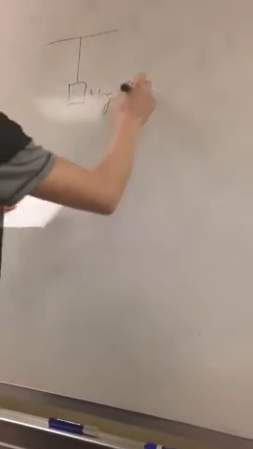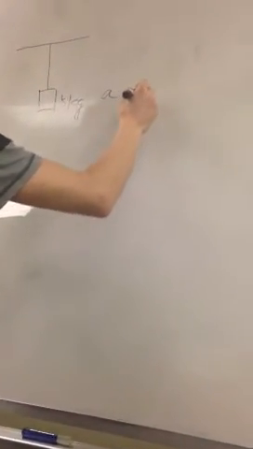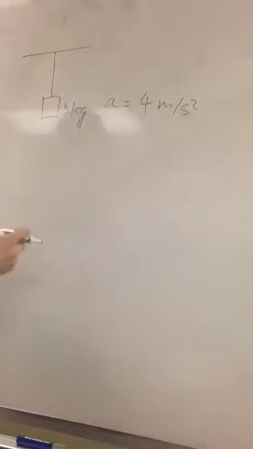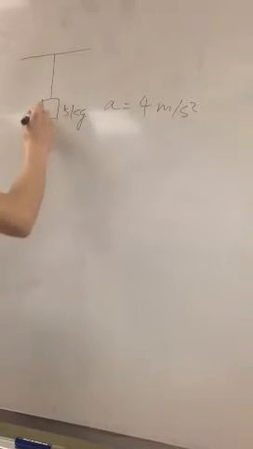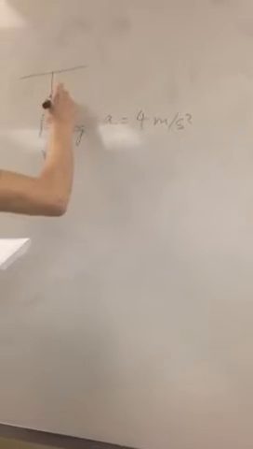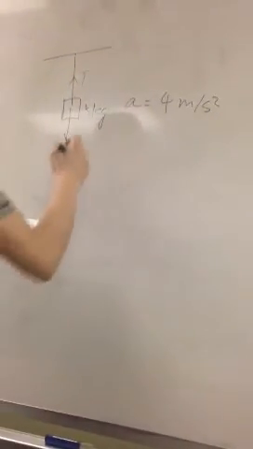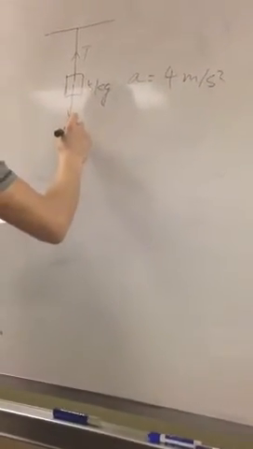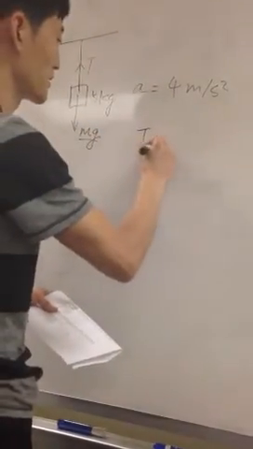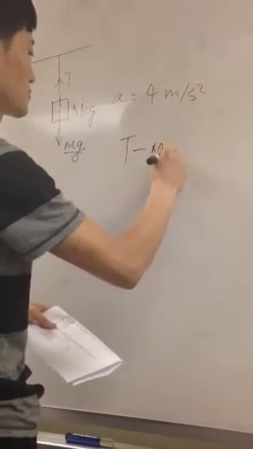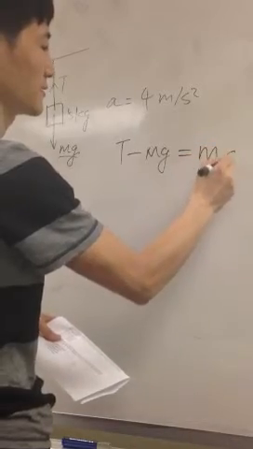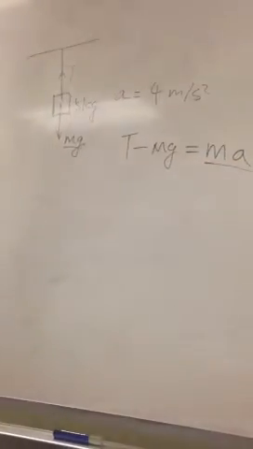And right now we know the acceleration is 4 meters per second squared. If we analyze this object, it has a tension force from the rope, and then itself has gravity, mg. And the total force will be T subtracted by mg, and then it will have an acceleration.